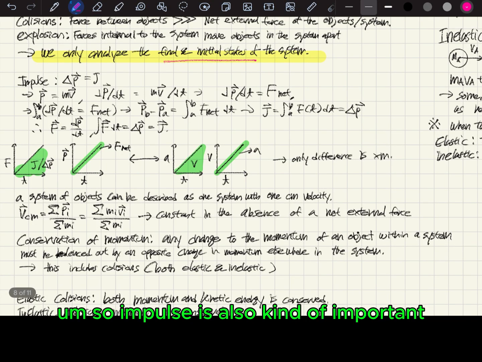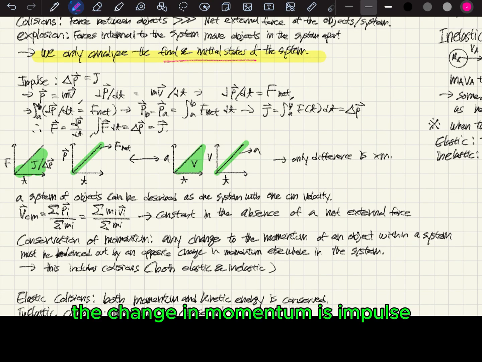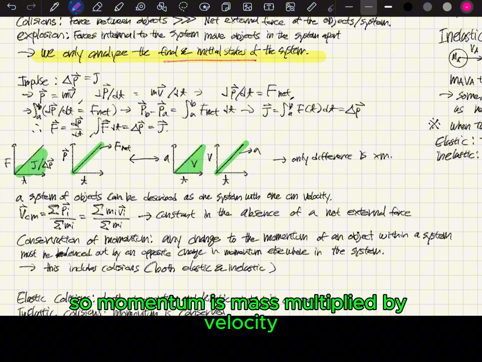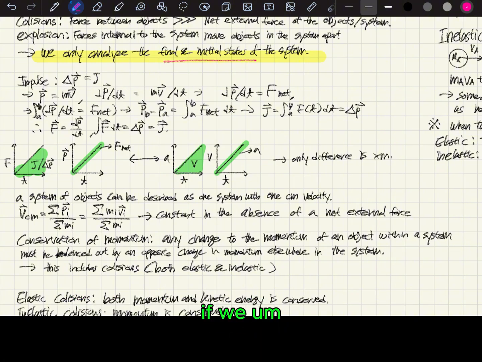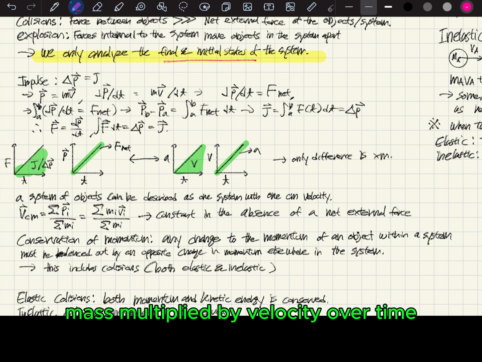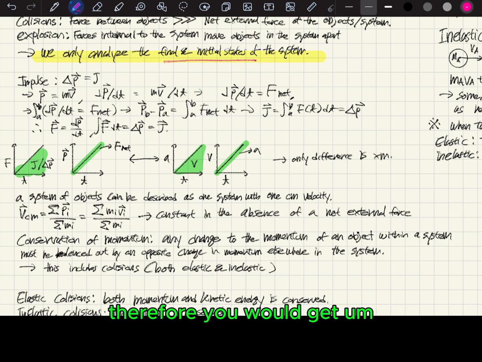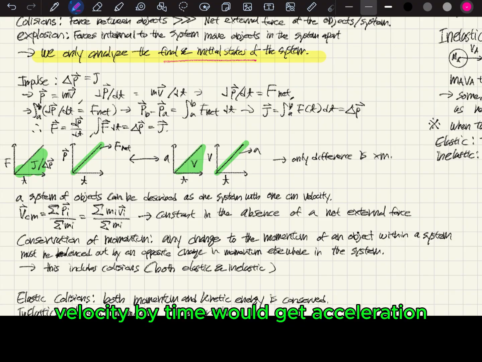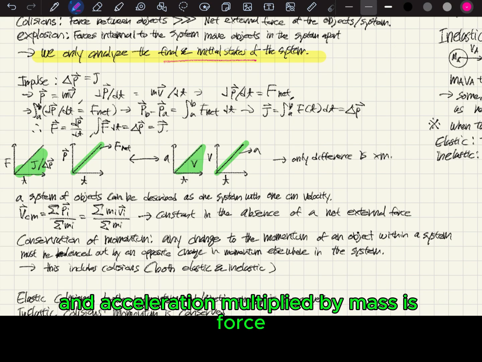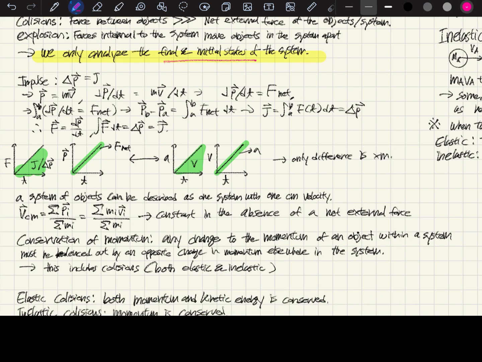So impulse is also kind of important. The change in momentum is impulse. Momentum is mass multiplied by velocity. If we divide that by time, we get mass multiplied by velocity over time. Therefore, you would get force, which is obvious because dividing velocity by time gives acceleration, and acceleration multiplied by mass is force.